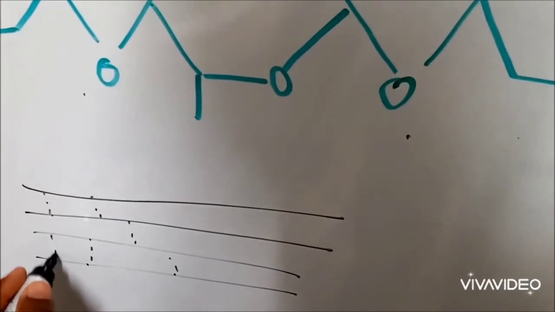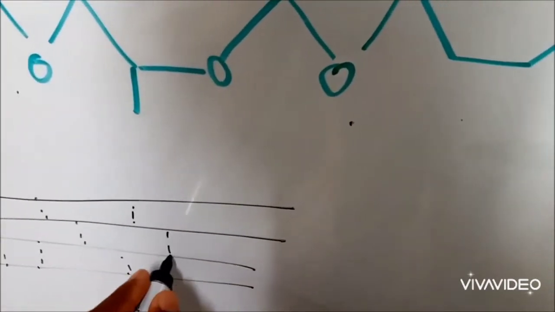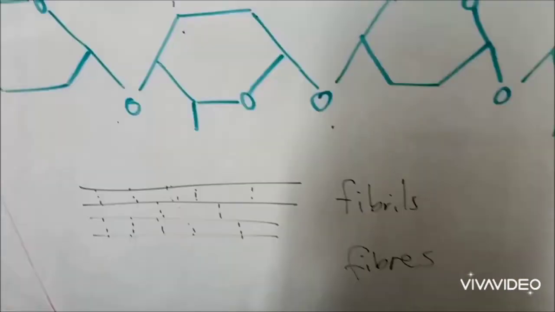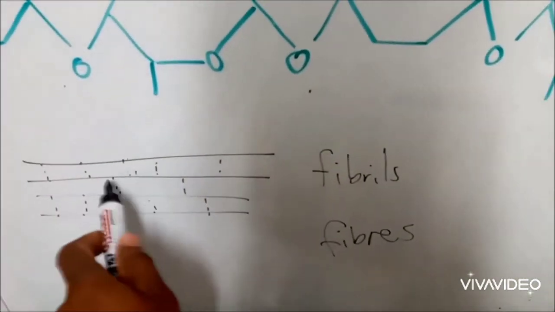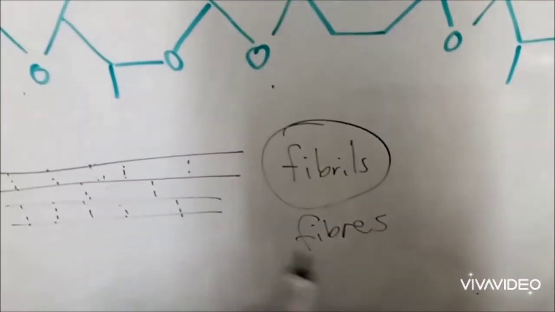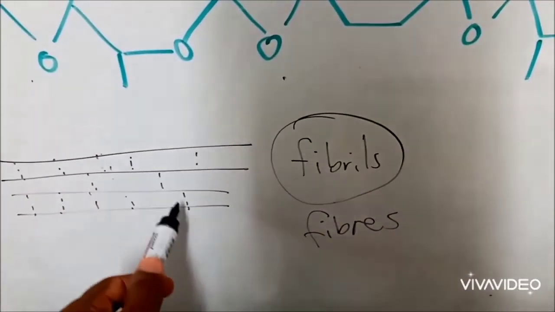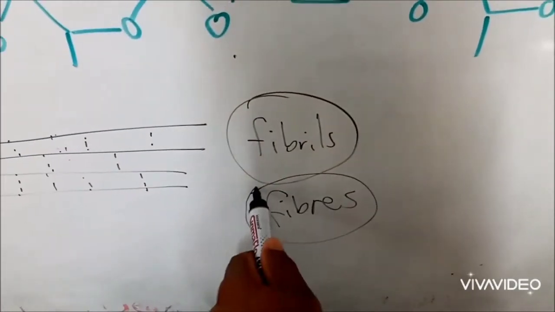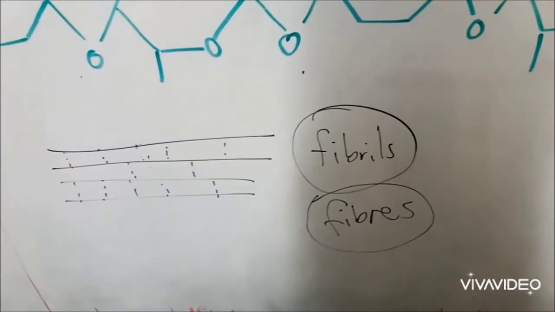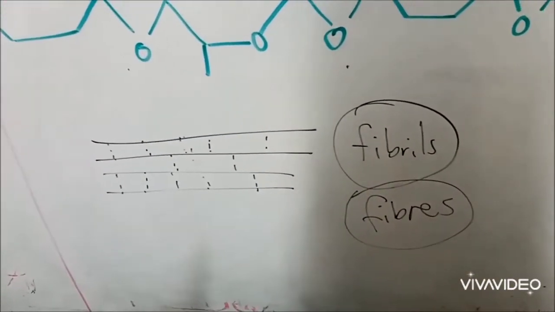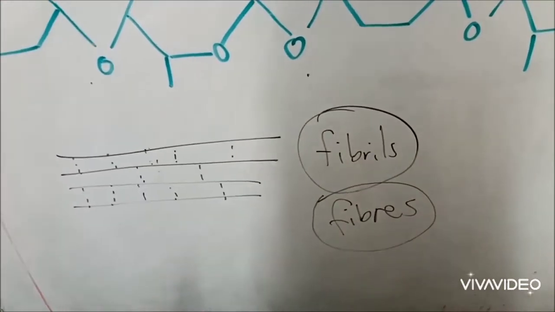So it's like a piece of fiber cloth, and then you're stitching them together. So they run parallel to each other, they have cross linkages, and they form fibrils. Now these fibrils group together into larger groups and they form fibers, right? That's the fiber now that makes the cellulose as strong as it is as a polysaccharide.